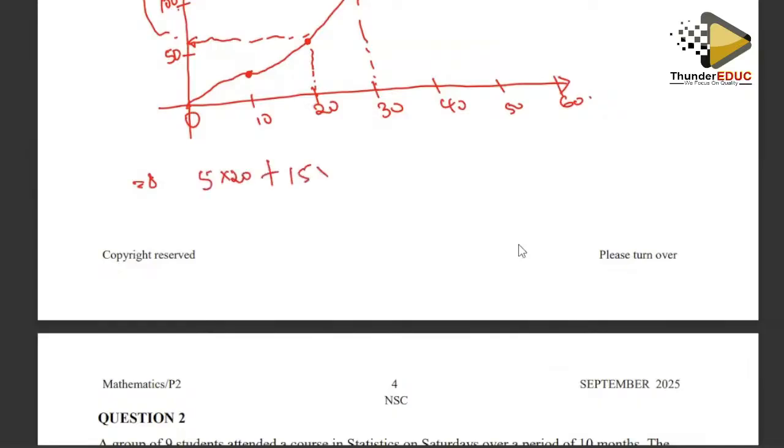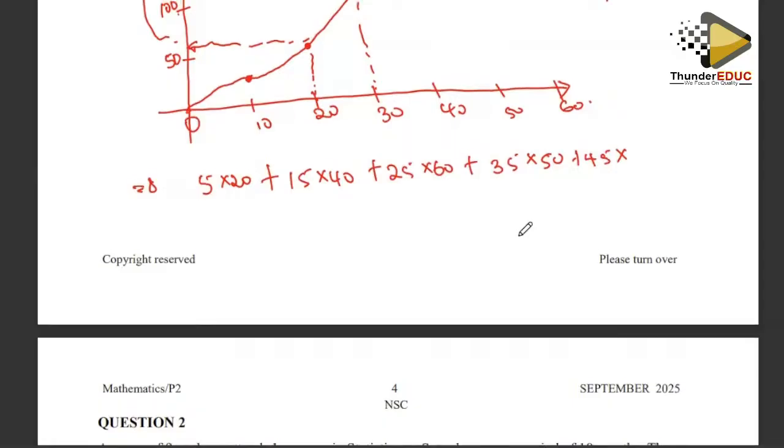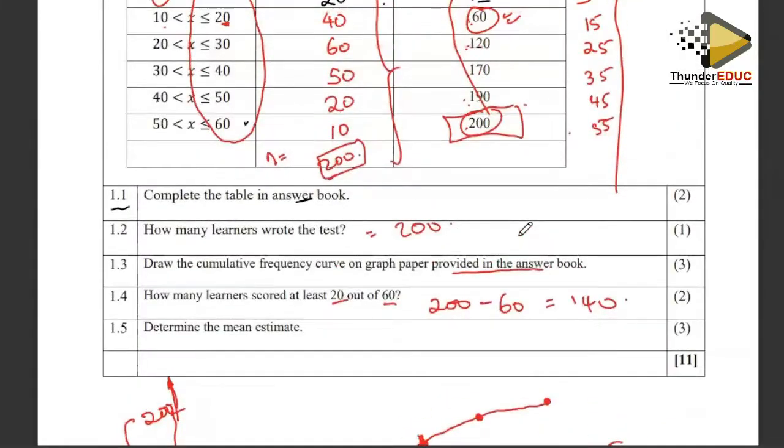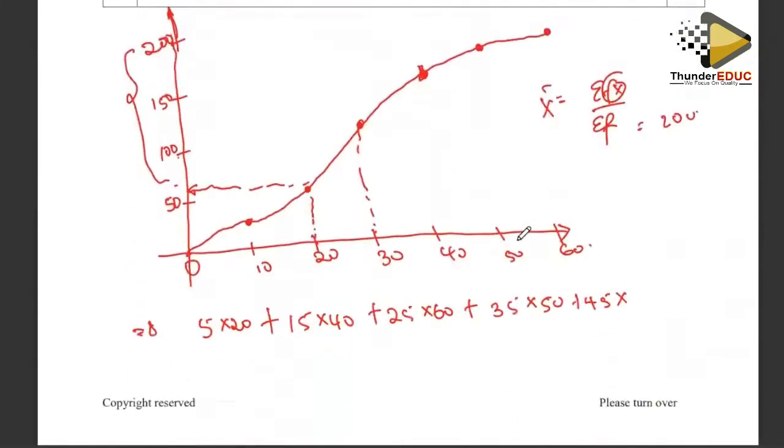Next one is a 15 with a 40. And then we have a 25, we're going to multiply it with 60. And then a 35 by 50. Then we have a 45 multiplied by 20. And then the 55 with 10. And then for the answer, we divide this by a total of 200.